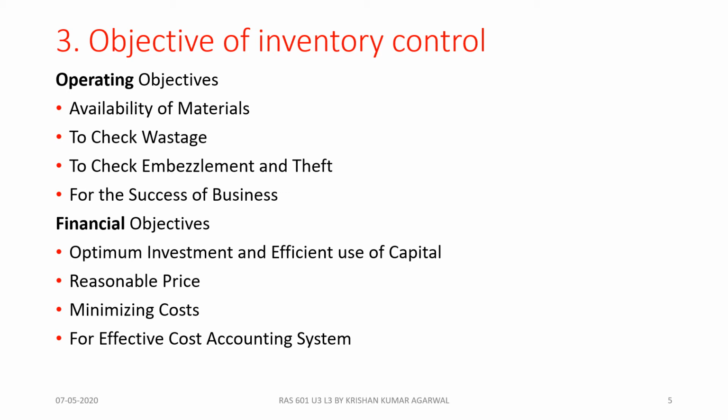Here we are talking about blocking the capital, so we have to take care that the right quantity of material is acquired at the lowest cost possible. Another point related to the fulfillment of the financial objective through inventory is that for efficient, effective, and optimum inventory, one should prepare proper cost accounts so that inventory control can easily be observed as well as accessed.